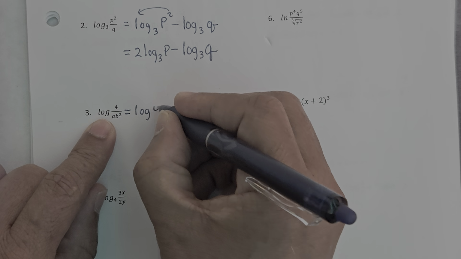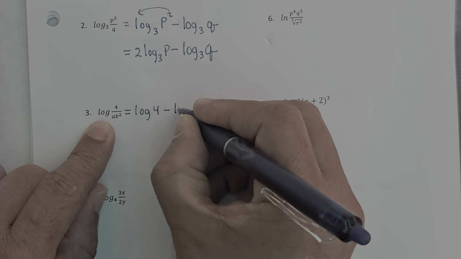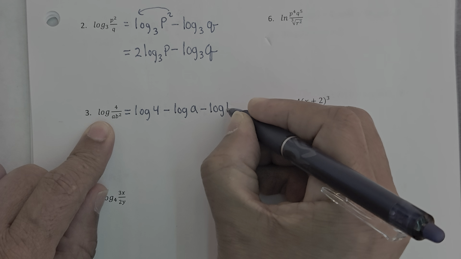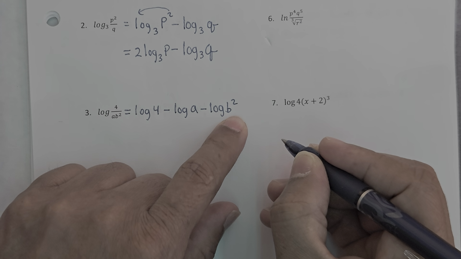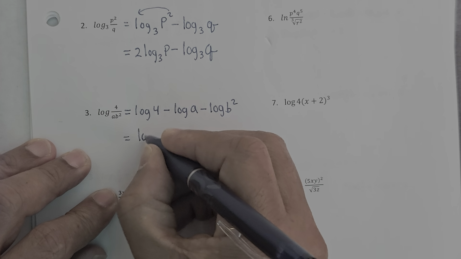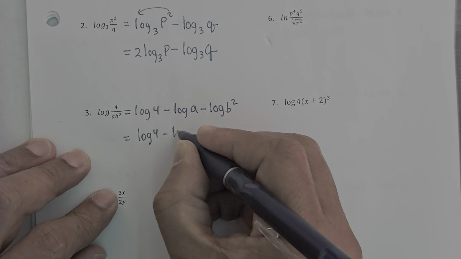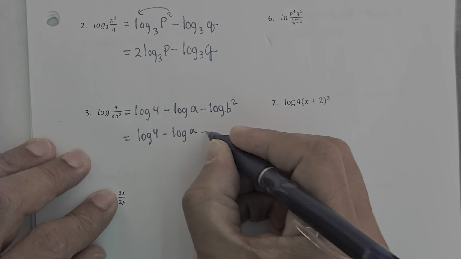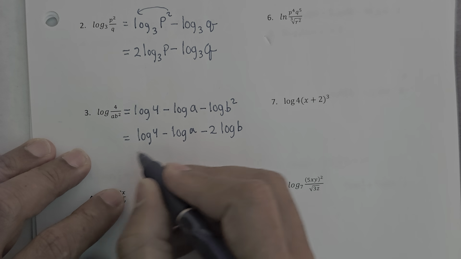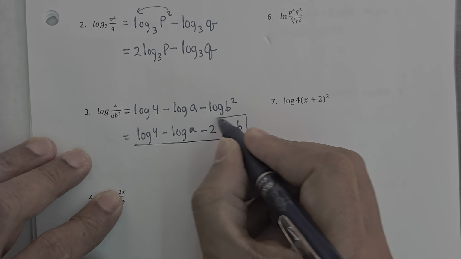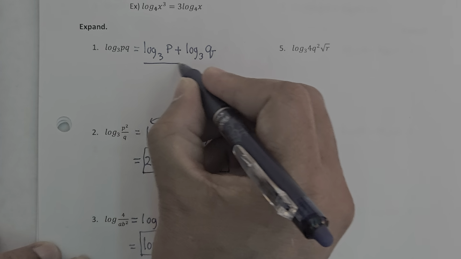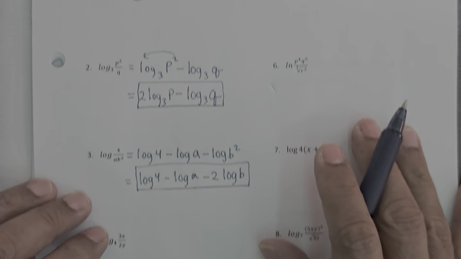So that's the common log of 4 minus common log of a minus common log of b squared. But then I'm going to apply the power rule to this log. So this is equal to common log of 4 minus common log of a minus 2 log of b. And this is the answer to this problem. I'm going to go back and box in the answer to the previous two problems also. Okay, so this is my final answer.